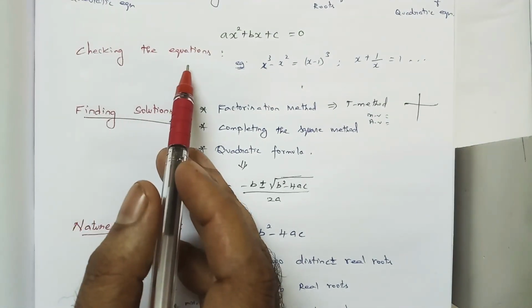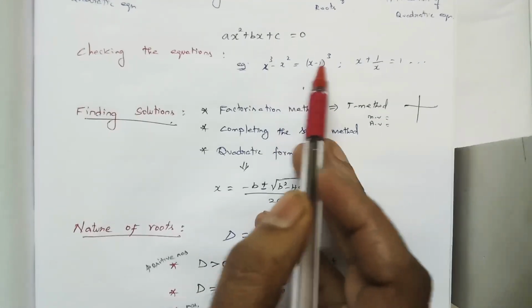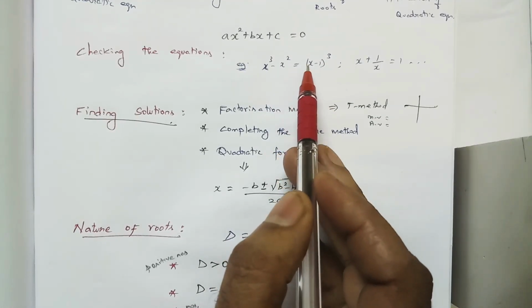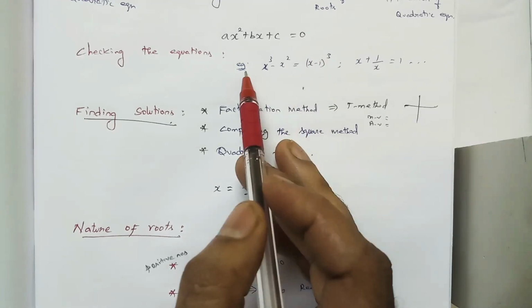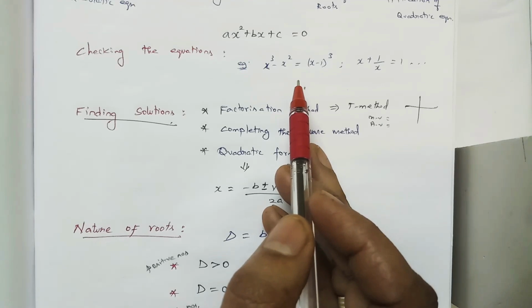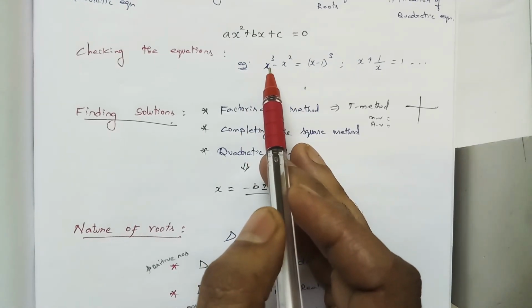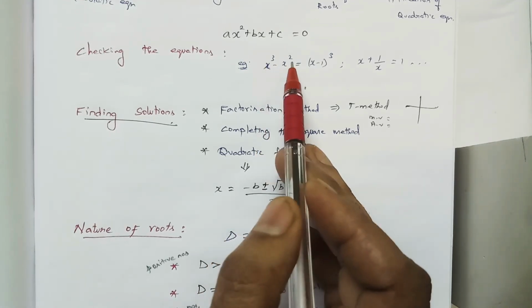Checking that the given equation is a quadratic equation or not. See here, x cube minus x square, I'm just taking an example, is equal to x minus 1 the whole cube. By seeing that, we can't conclude whether this equation is quadratic or not; we have to solve it. In the LHS we can't simplify because there are single terms, an x cube term and an x square term.